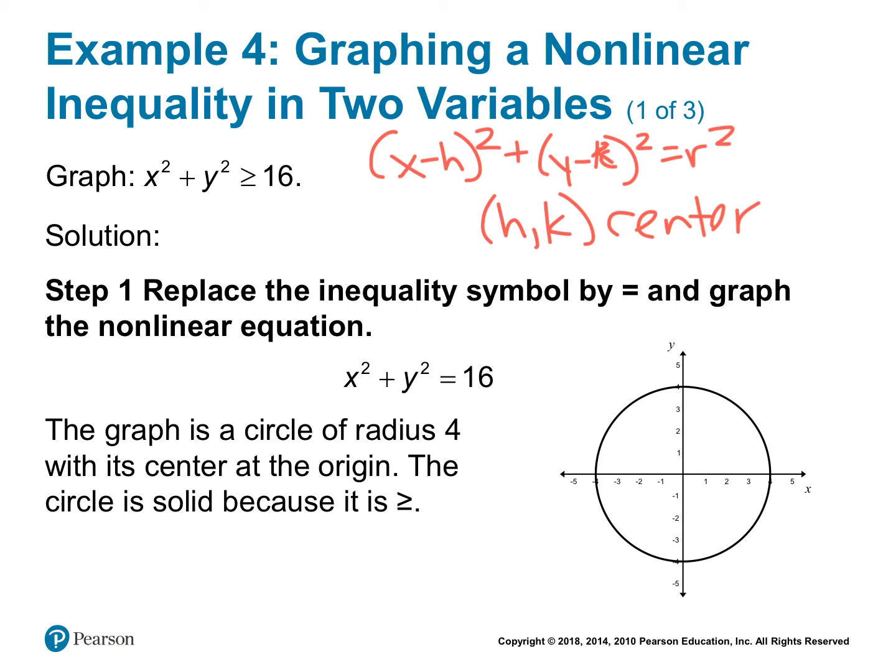So on this one, the center is just going to be 0, 0. And then the radius had to be squared, so that means this would have been a 4 squared. So the radius is 4, so they counted out to 4 in all the directions. And we're going to make a solid circle because we had an equal to sign under the symbol.